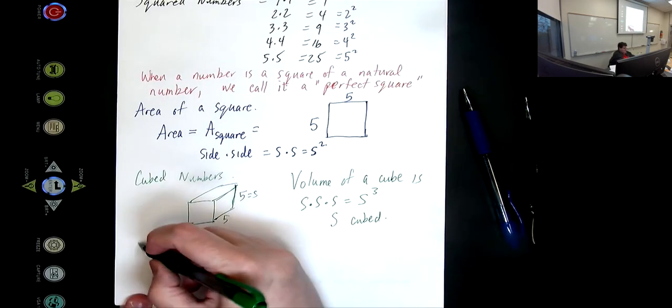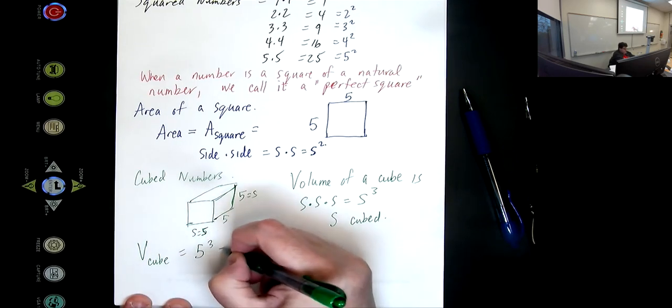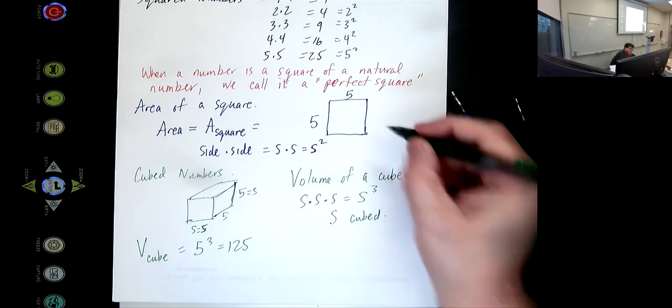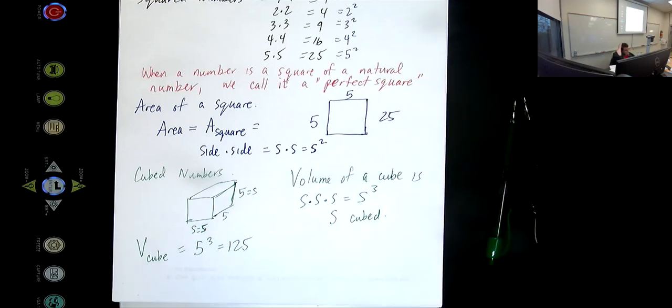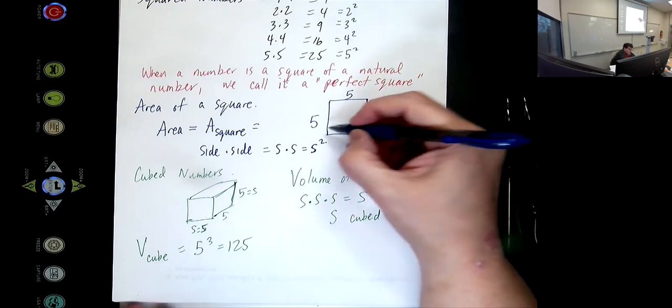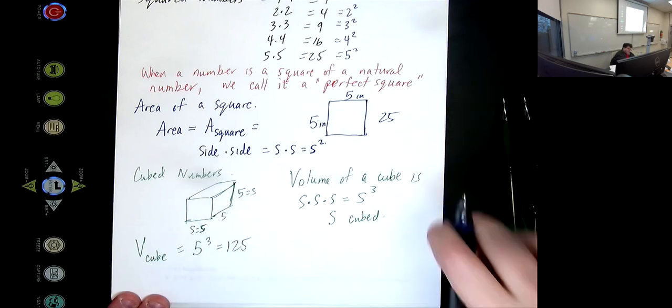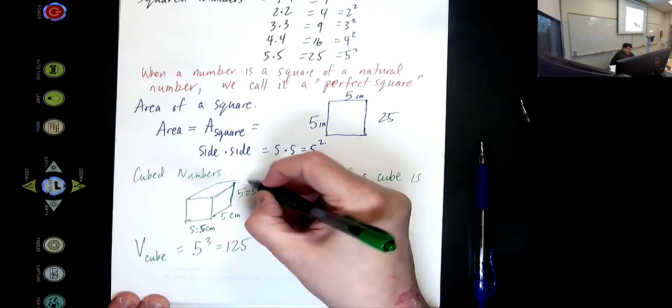In this case, the volume of this cube is 5 cubed, which is 125. And up here is 20. The only difference is when you're dealing with area and volume, you should have units. So maybe we'll say this is inches and inches, and maybe these are centimeters. Just to throw some metric in there.